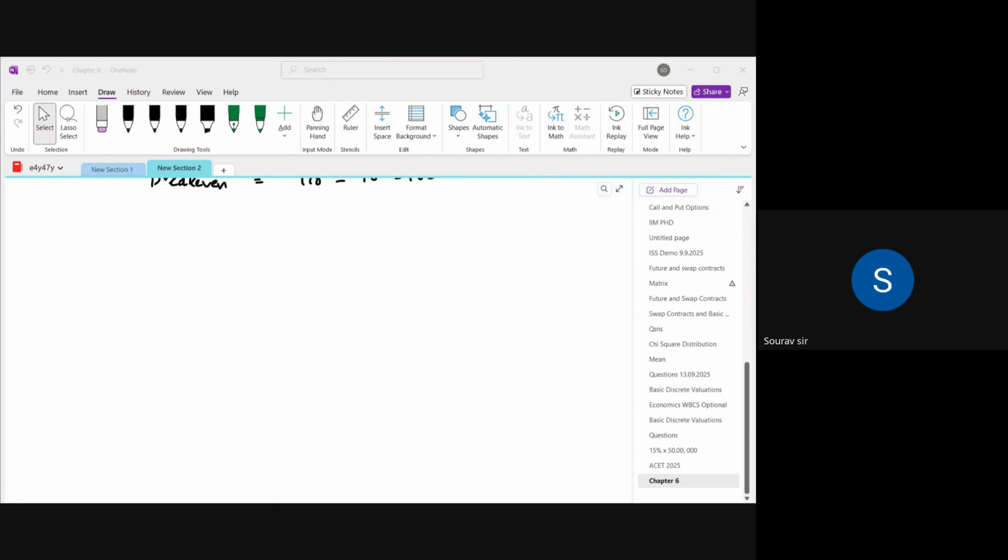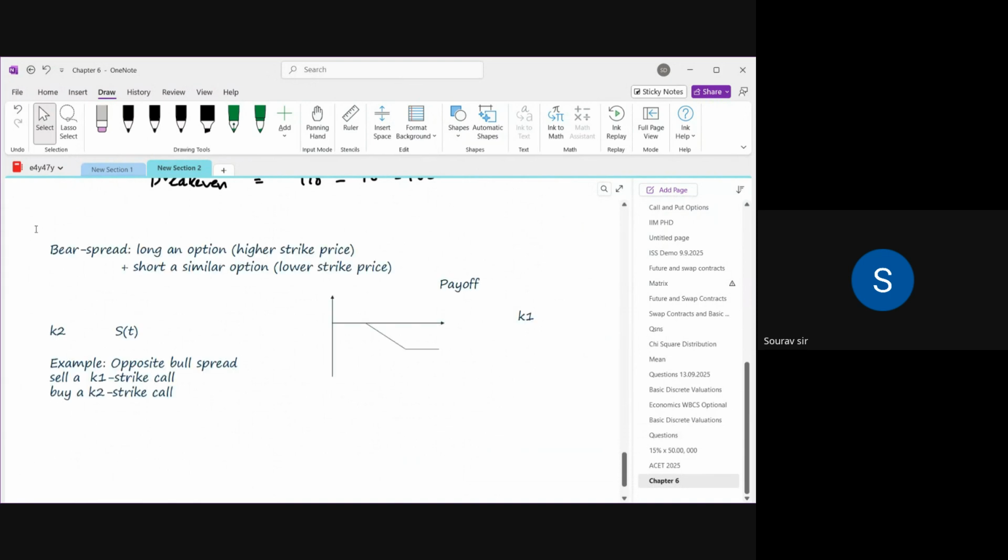Bear spread. What is a bear spread? A bear spread is used when we expect the stock price to fall moderately.